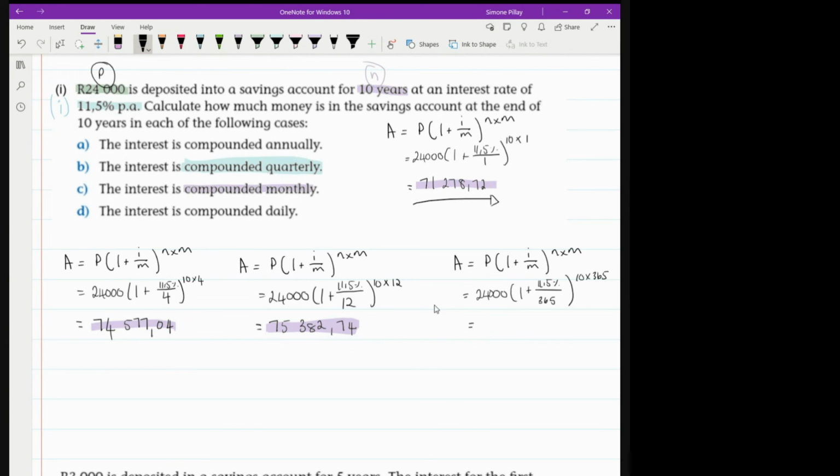Let me also do it. Okay, I am getting 75,782 rand 90 cents. Okay, I see Sanele and Abua in the chat with the same answer.